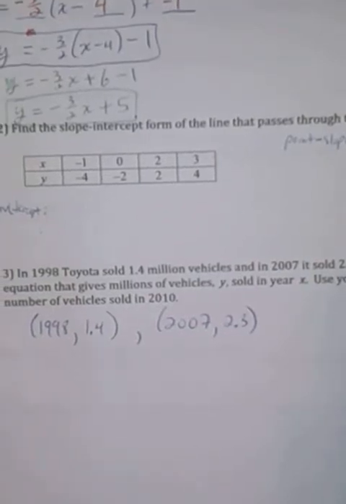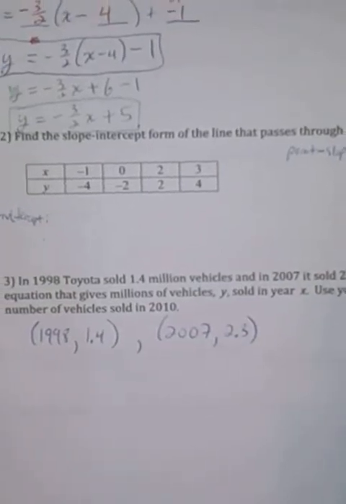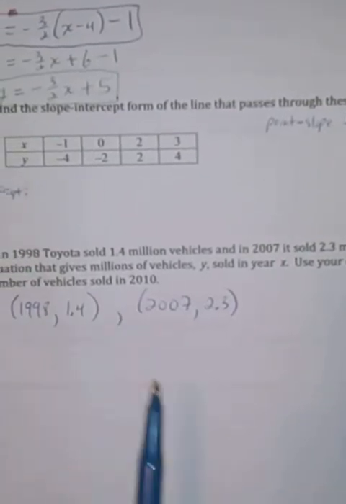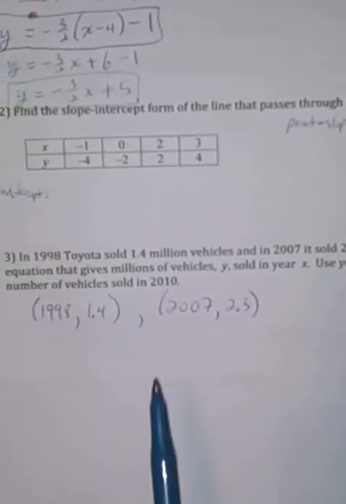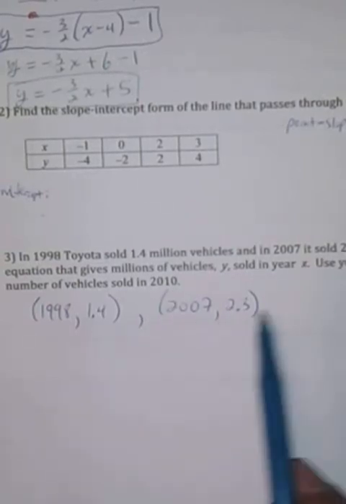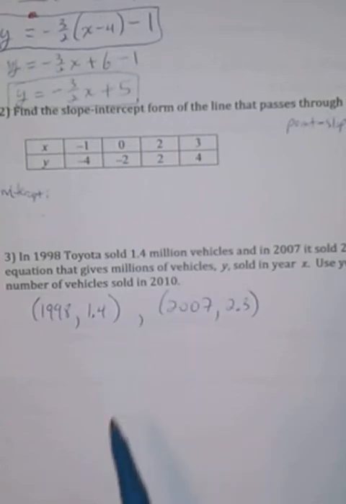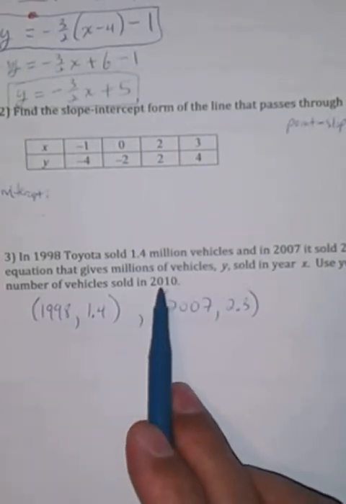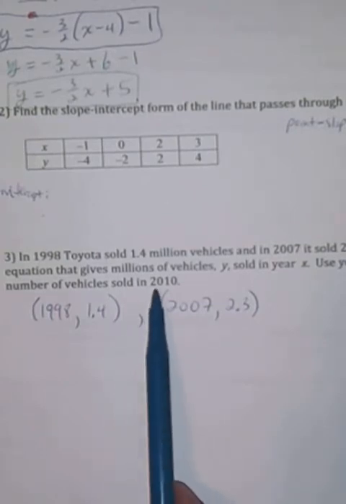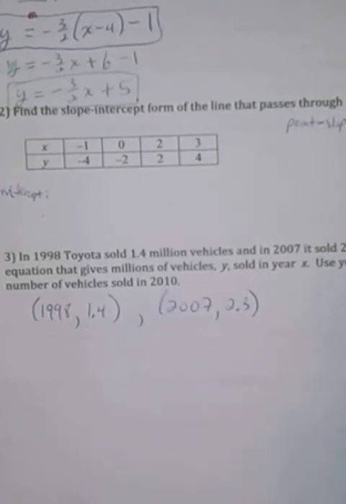This is the second part. Use your equation to estimate the number of vehicles sold in 2010. So they're asking you for X equals 2010. What is the number of vehicles, which is Y? Once you have your equation, if you know this X, what is the corresponding Y for that particular X?